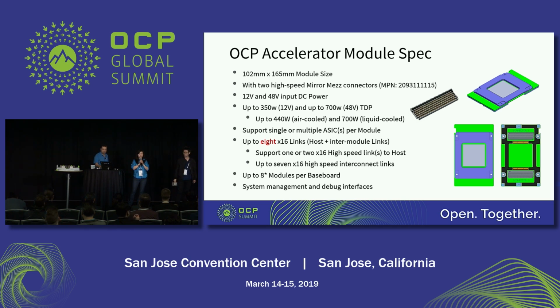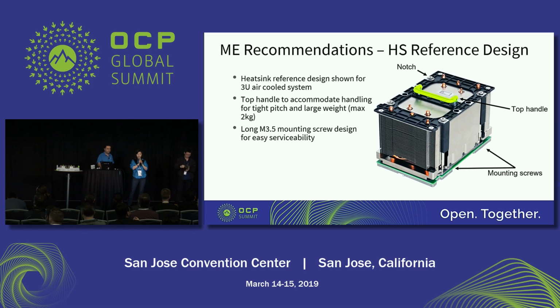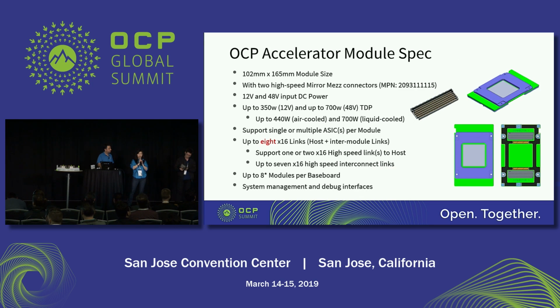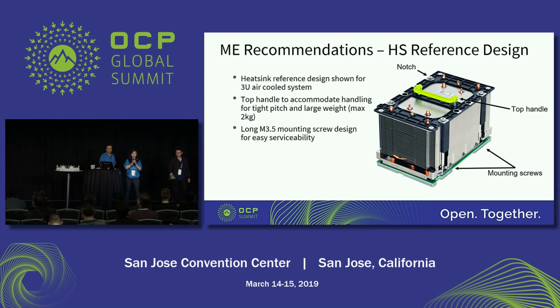OAM supports both 12 volt and 48 volt, and for up to 450 watt we can use air cooling. Beyond that, based on the thermal simulation we made, I think we need to go liquid cooled. So this is a heat-sink. After the session, you can come to our booth and check out the design.